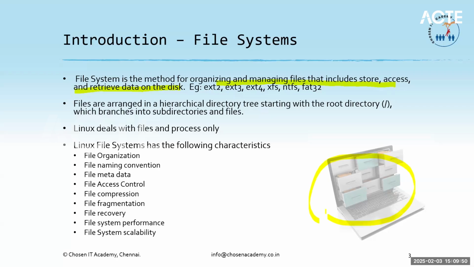The same thing is being done in the file system in computer systems as well, and this is a critical piece in operating systems. There are various types of file systems: ext4, ext3, ext, xfs, NTFS, FAT32, and things like that. We'll quickly go over all of these in a moment.